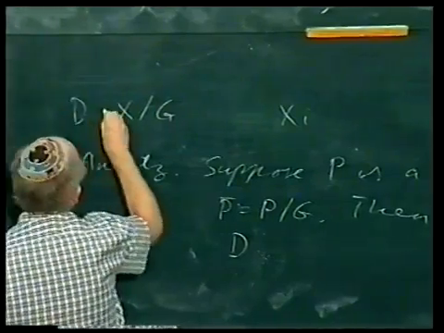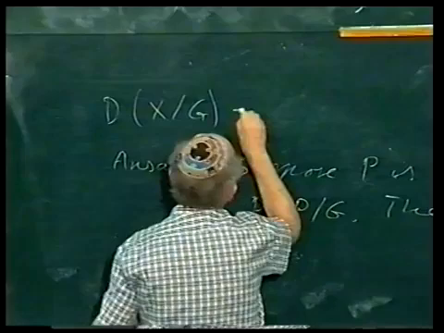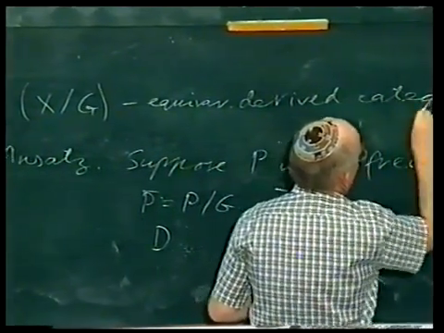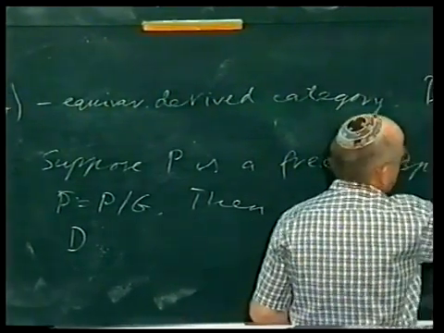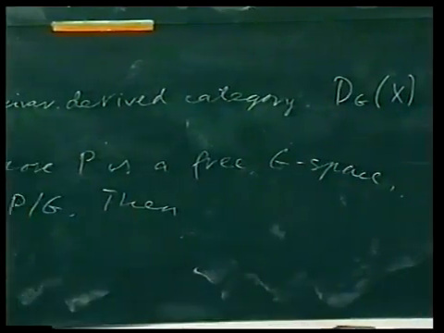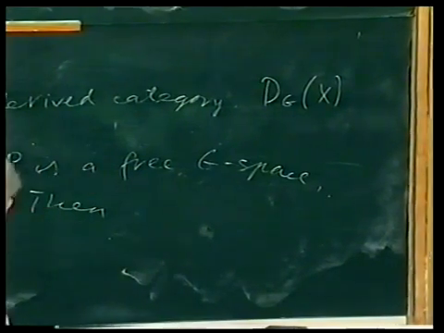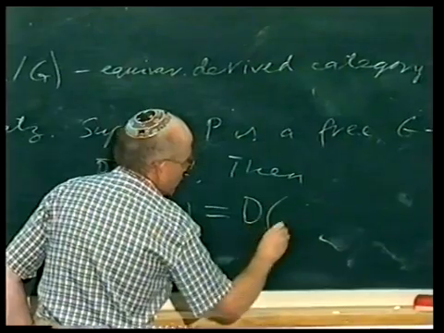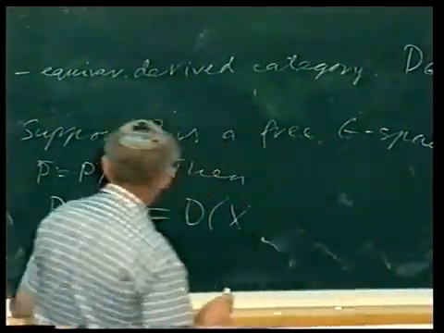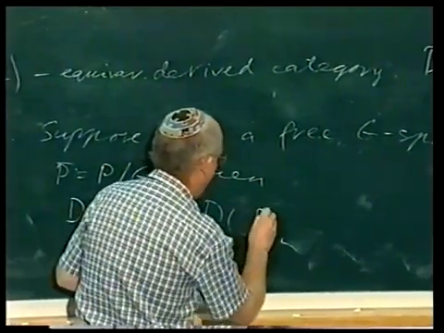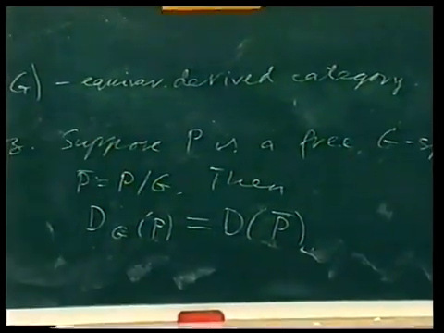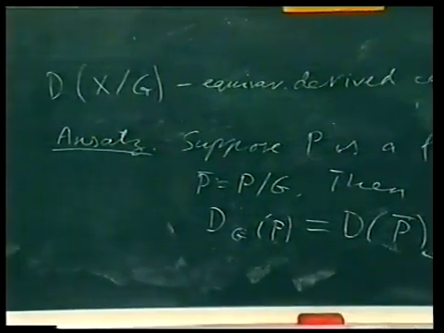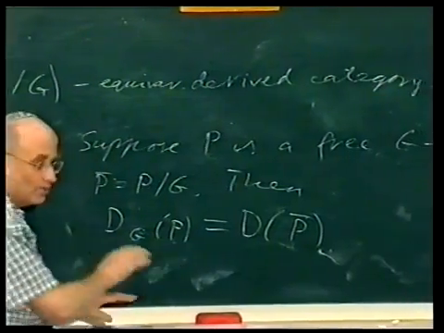This derived category, which I want to define, is called the equivariant derived category, and I will use the notation D_G of X. So it's the equivariant derived category of X with respect to the group G. Then the equivariant derived category D_G of P is naturally isomorphic to the derived category of the quotient space of P. So this is the ansatz. In the case of free actions, when you don't have any stabilizers, you should just pass to the quotient and forget about it.